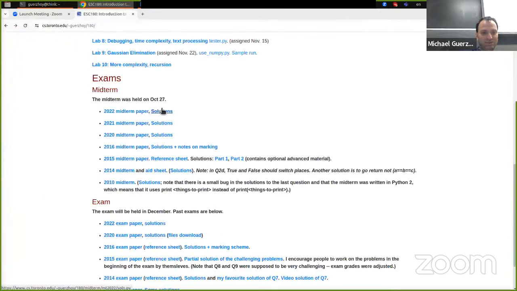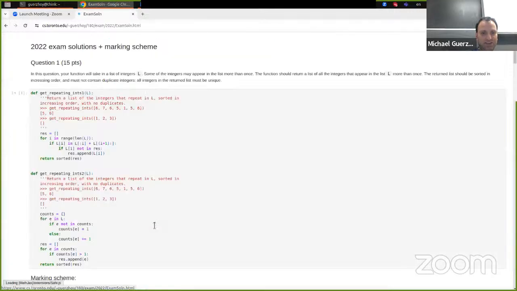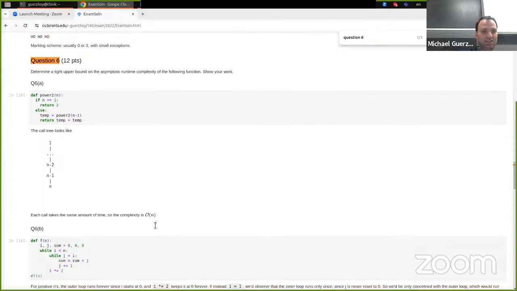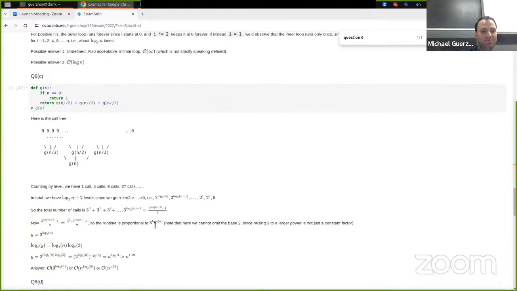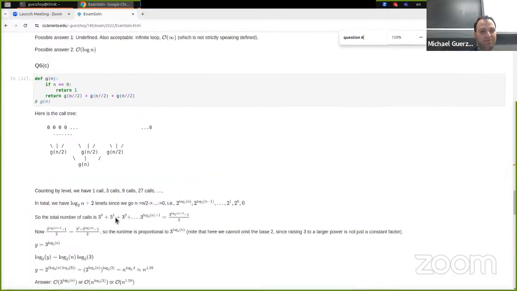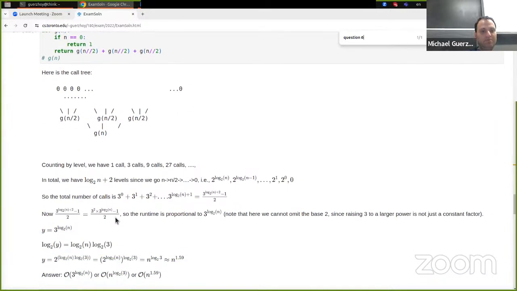Oh, that's the midterm again. Sorry. For me, it makes sense since we're counting by level: we have 1 call, 3 calls, that's great. And so we have log base 2n calls. I'm a little confused about the plus term, but that shouldn't be a problem.